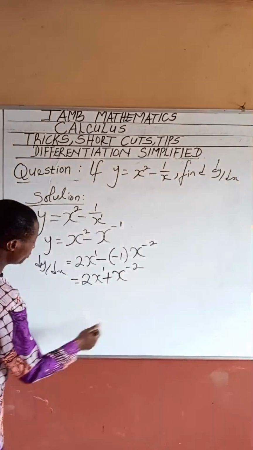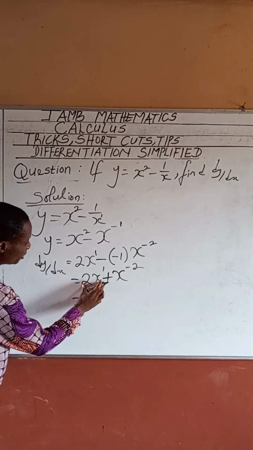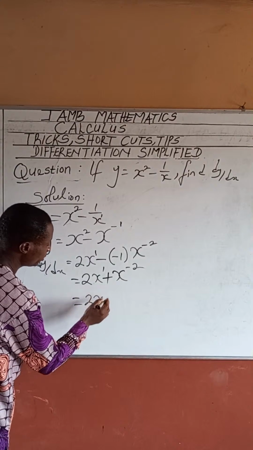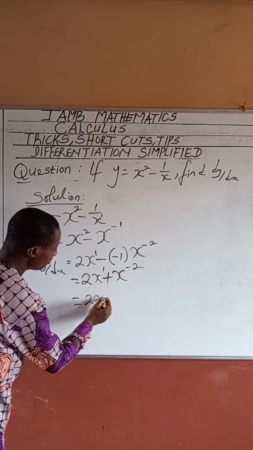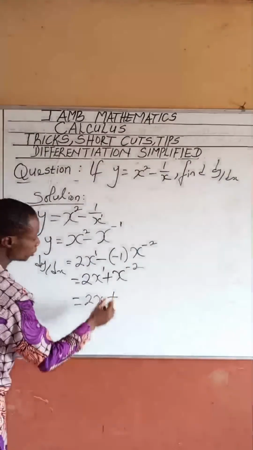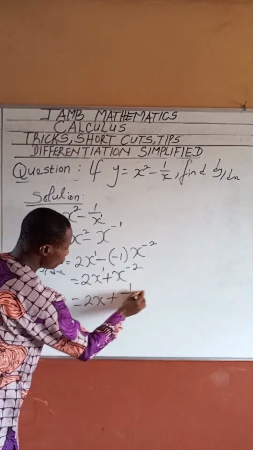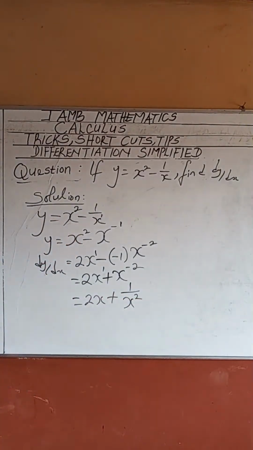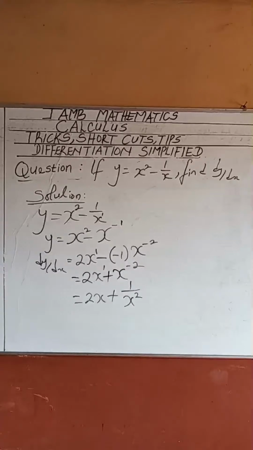So this will now give us 2x, then plus. We can revert this one back to this, right? So what is it going to give us? 1 over x squared. I hope it is well understood, right? We just look at it very well and see.